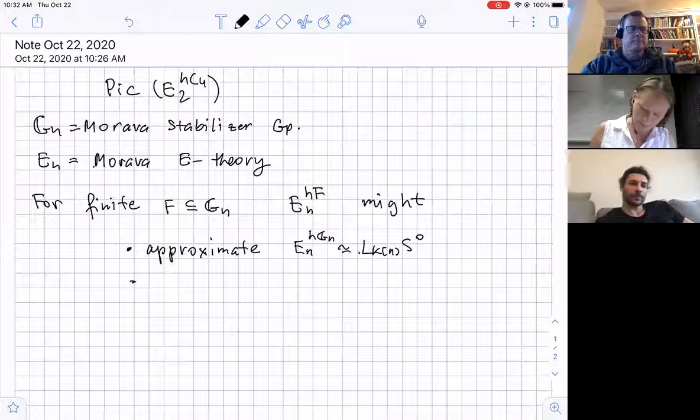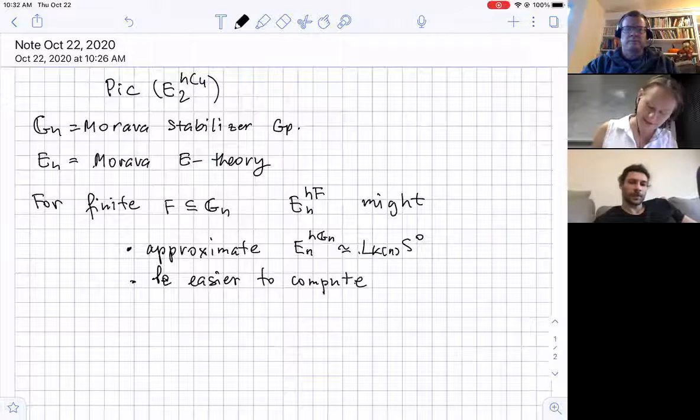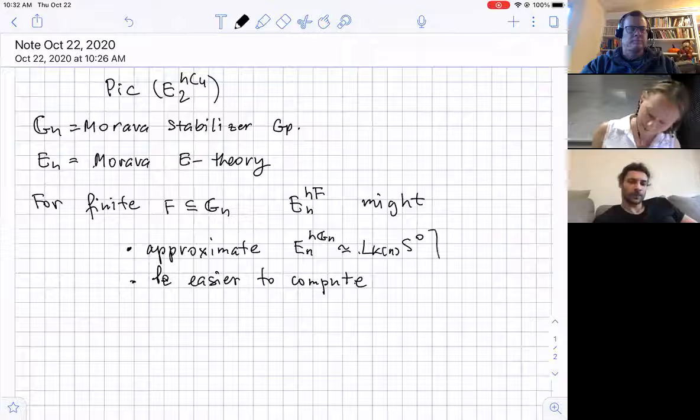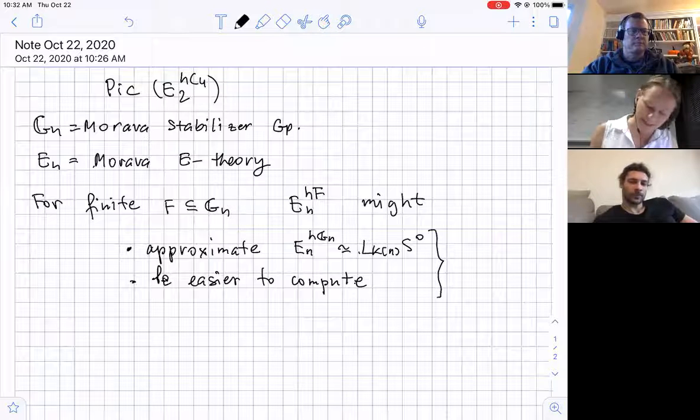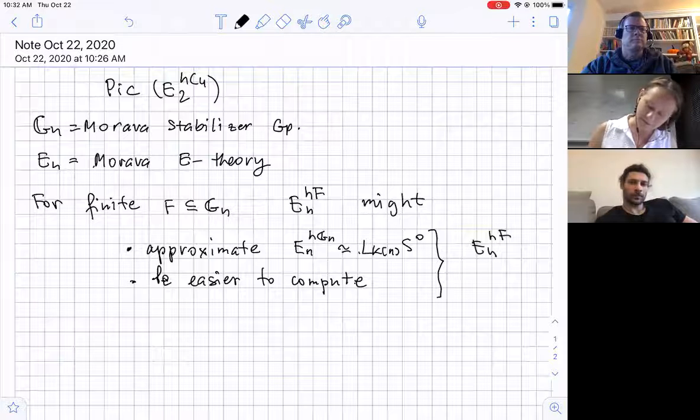They might also be easier to compute. So this is a very brief two-line motivation for why spectra of this form are interesting.